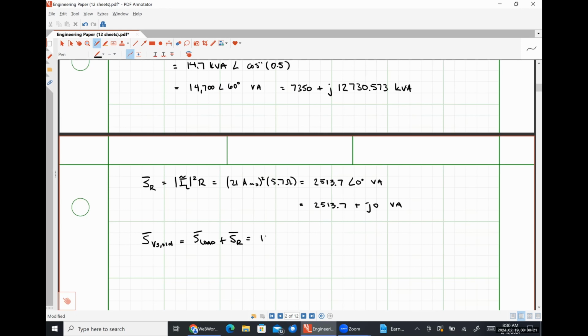Which comes out to be 16,104.660 angle 52.23, or 9863.7 plus j 12,730.573. Yay, that shouldn't have K there.